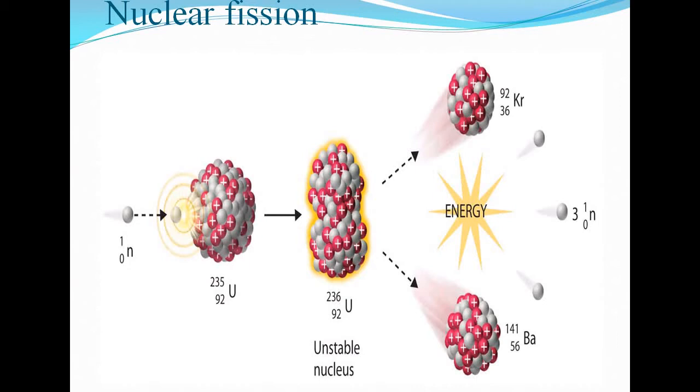That is the difference between nuclear fission and nuclear fusion. And in case of nuclear fusion, a larger amount of energy is released than nuclear fission. So this is an example of nuclear fission. You can see here.